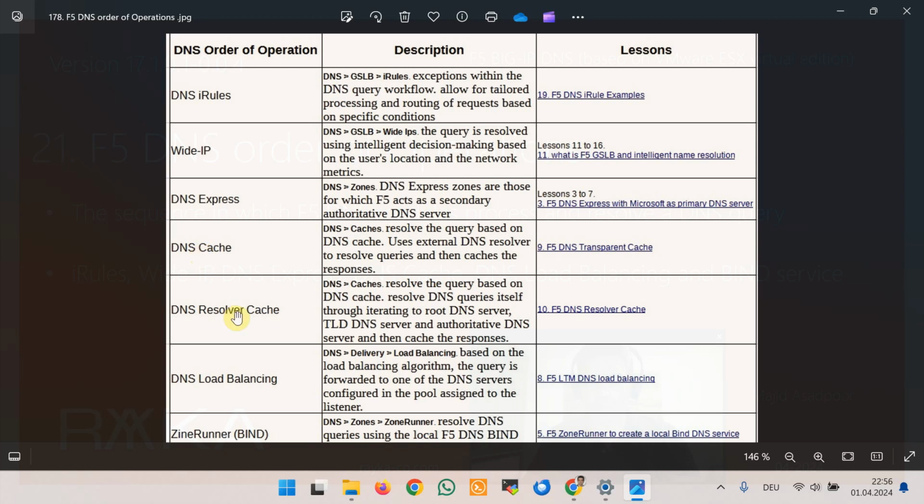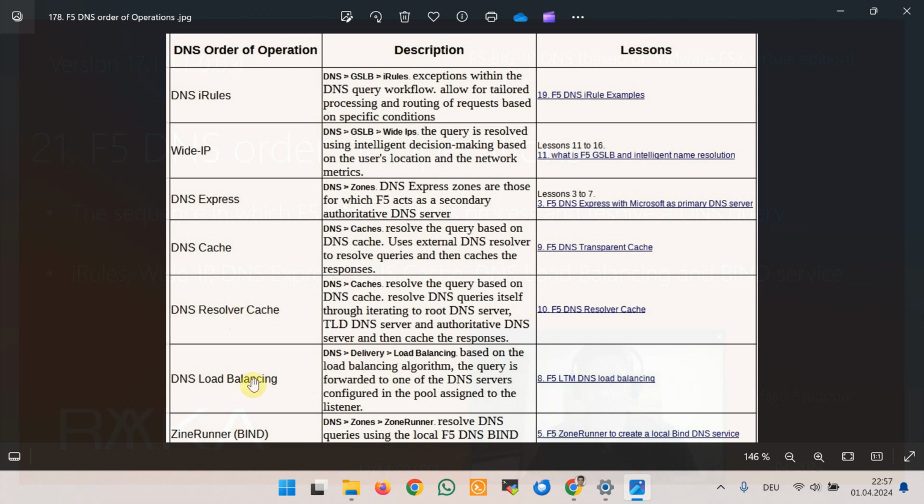DNS resolver cache resolves DNS queries itself through iterating to root DNS servers, TLD name servers, and authoritative DNS server, and then caches the responses. When the system receives a query for the response that exists in the cache, it returns the cache response.